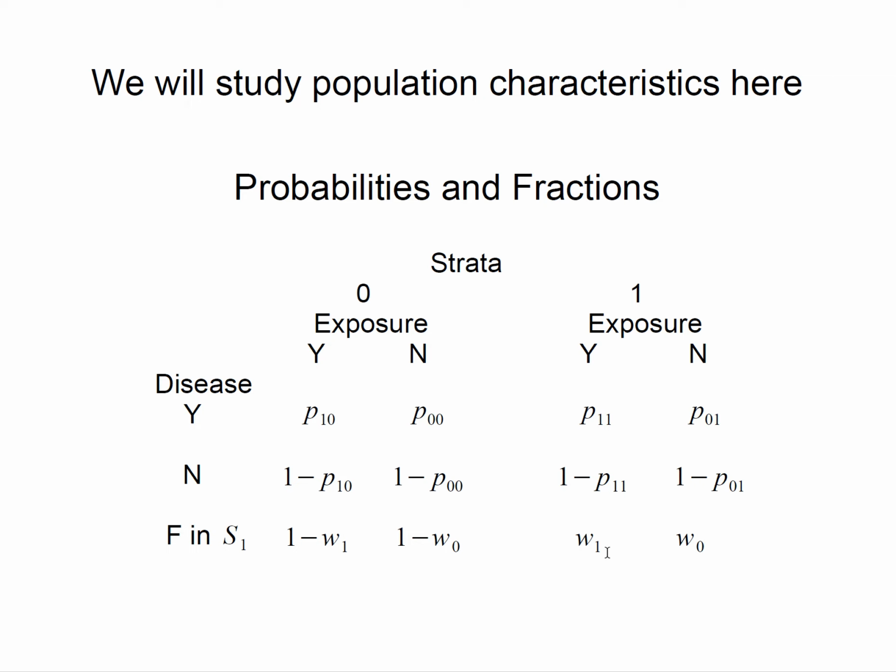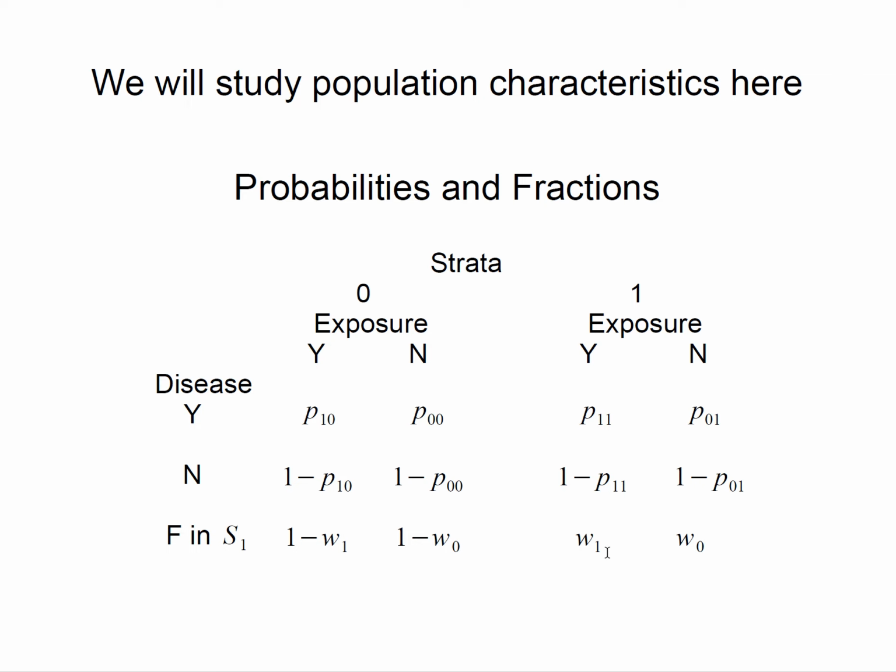Now, you might be thinking, well, how do I reconcile that? Well, let's take an example where both of the weights are 1/2. That would be saying that in this hypothetical population, half of the unexposed are in strata 1 and half are in strata 0. Further, for those exposed, half are in strata 1 and half are in strata 0.